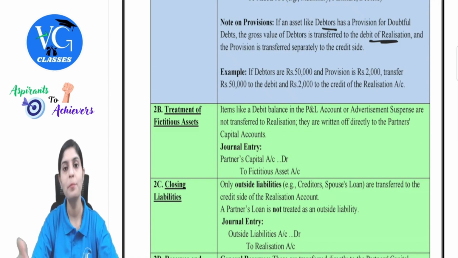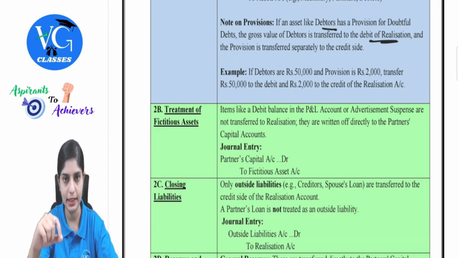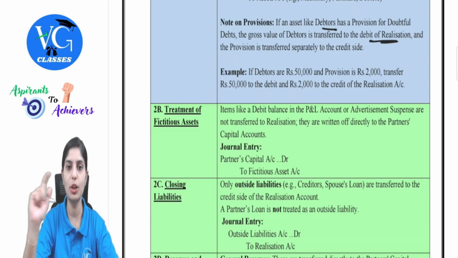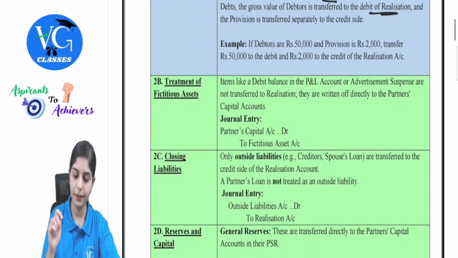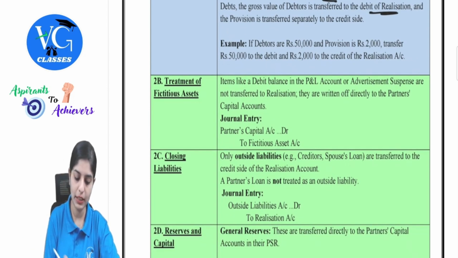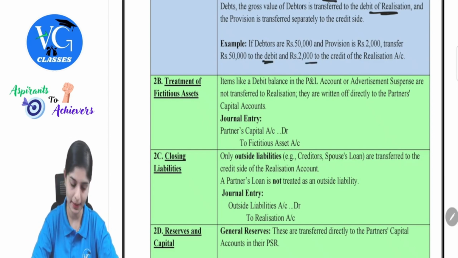The treatment will be realization account debit to debtors because we are closing the debtors, and provision account debit to realization because that is taken as a liability. Example: if debtors are 50 and provision is 2000, transfer 50 to the debit and 2000 to the credit of the realization. That's what we understood with the journal entry.